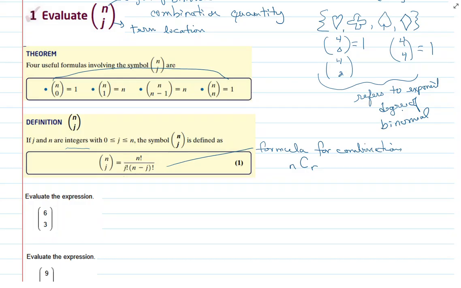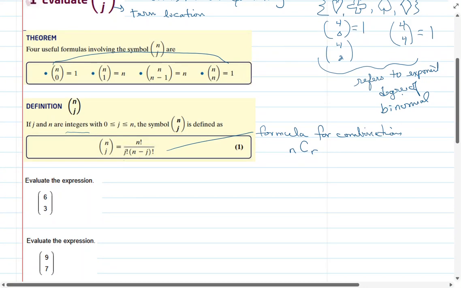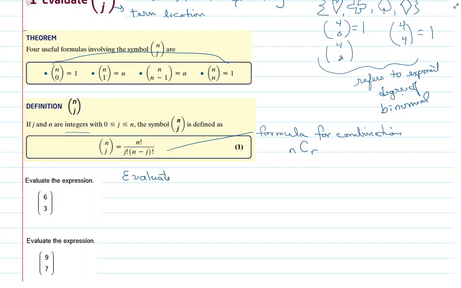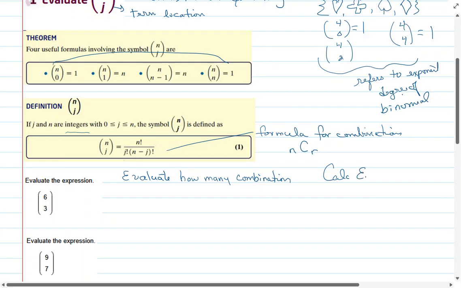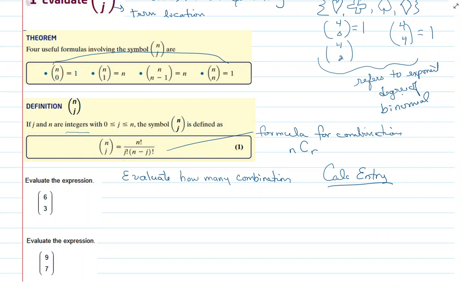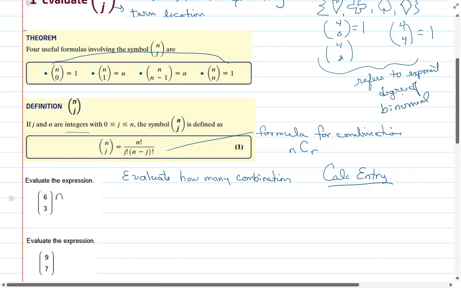All right, here we go. So first we're going to evaluate how many combinations. All right, so we're going to be using our calculator. We're going to understand that this is the n and that is the j.